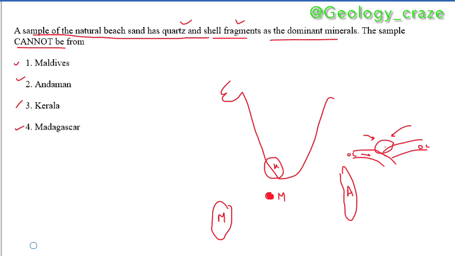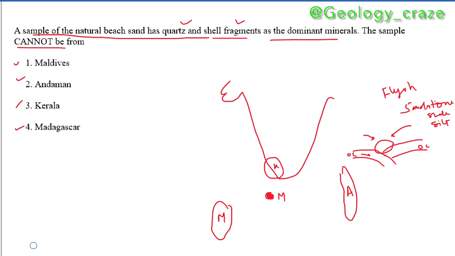We get a flysch type of deposit, in which sandstone, silt, shale, all those things are present. Why am I writing all those things? It is related with each other.